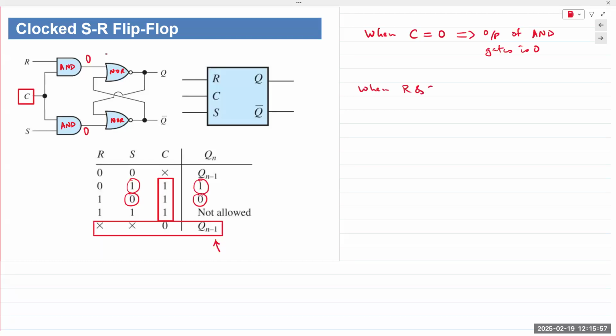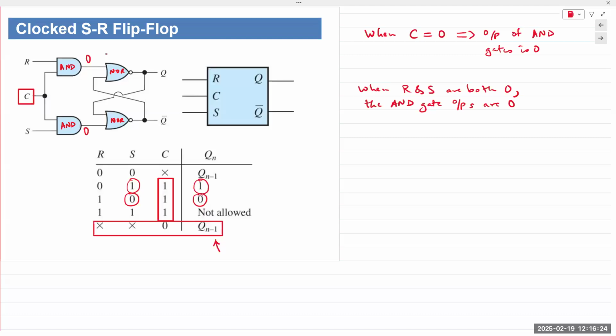So when R and S are both 0, the AND gate outputs are always going to be 0. So then the clock signal becomes irrelevant.